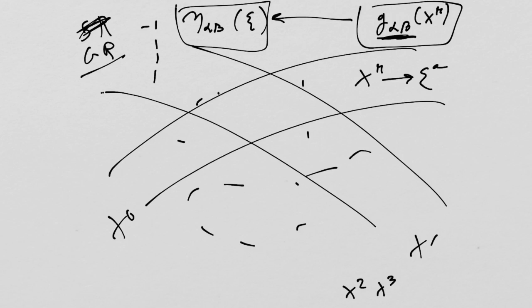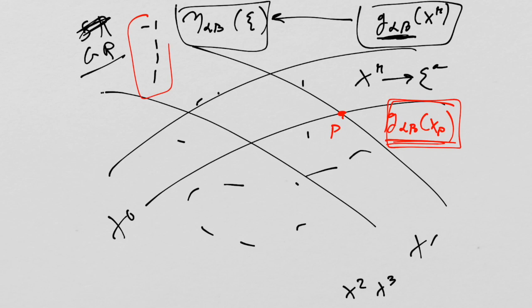But if I go to any single point and I calculate g alpha beta at that single point, say x_p, the point p, I'll get some collection of numbers. And there is a coordinate transformation that will take that particular collection of numbers and turn it into this at that point.